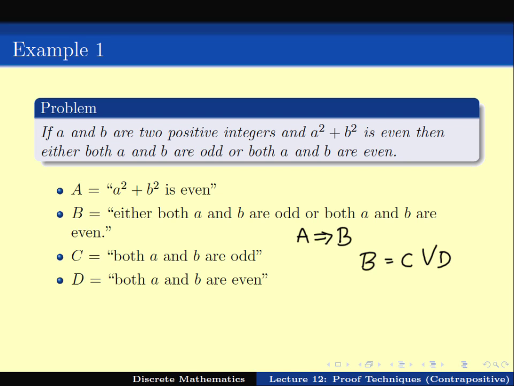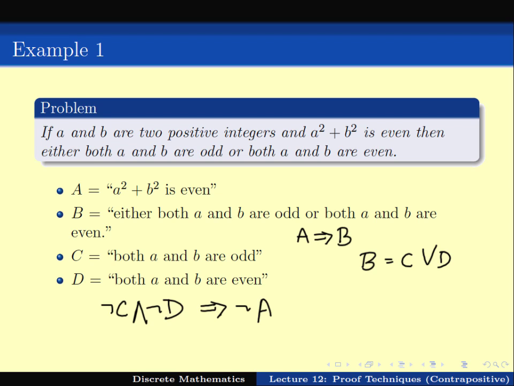We should get not of C and not of D implies not of A, or in other words, if both A and B are not odd and both A and B are not even, then A square plus B square is not even.